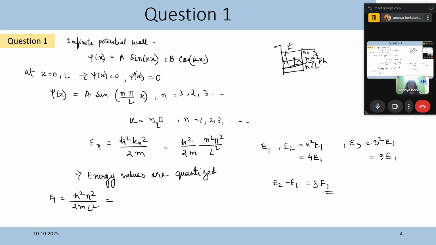This is divided by 2 pi to calculate h bar, right, into 3.14 by 2.